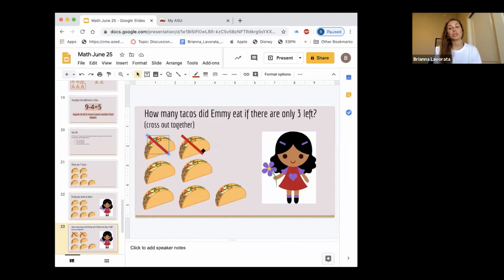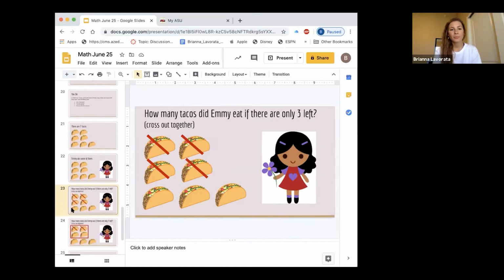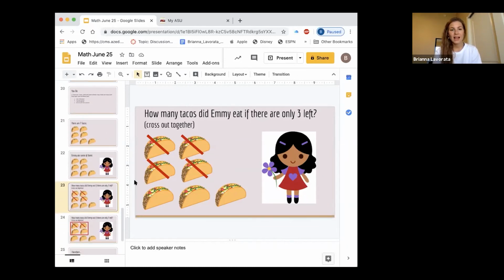So she ate 4. I need to cross out 4 tacos. 1, 2, 3, and 4. All right. So we crossed out 4 because that's how many it said that she ate. So now there are 3 tacos left, right?